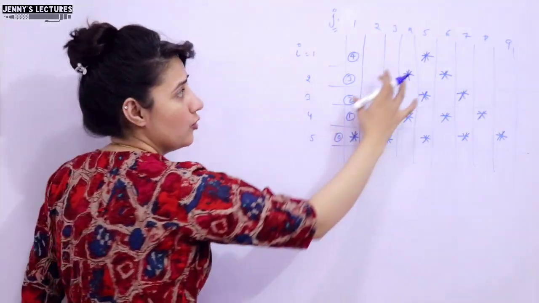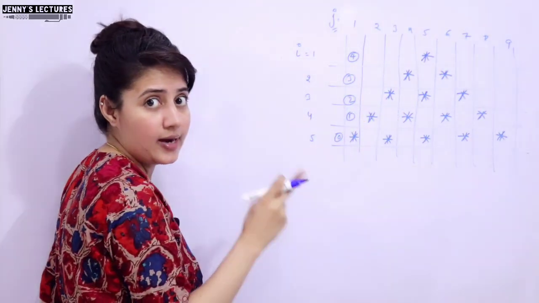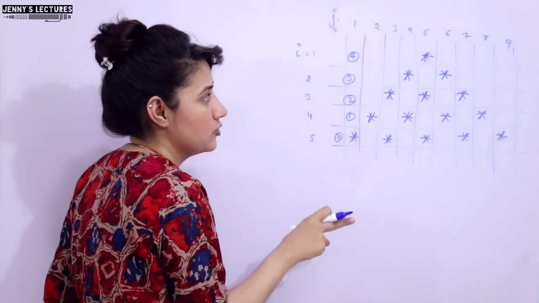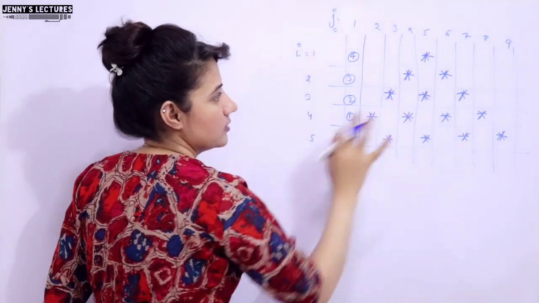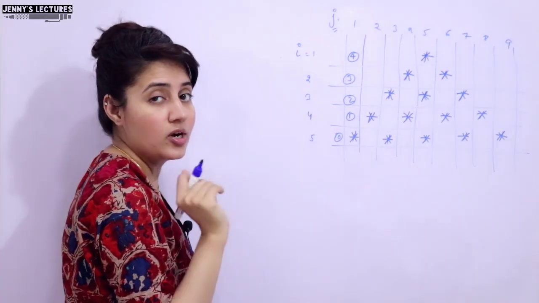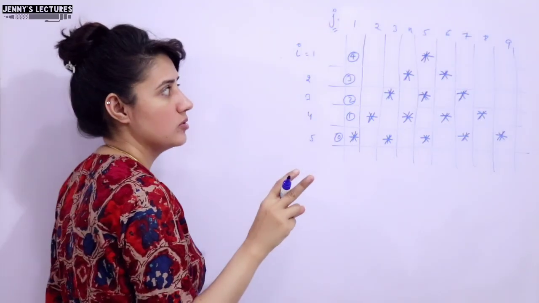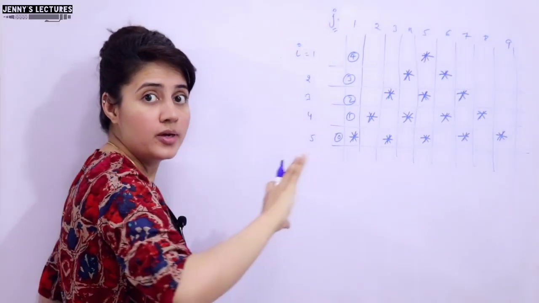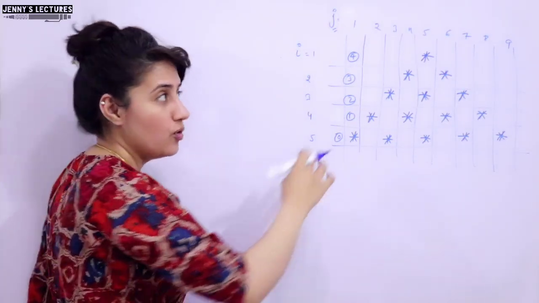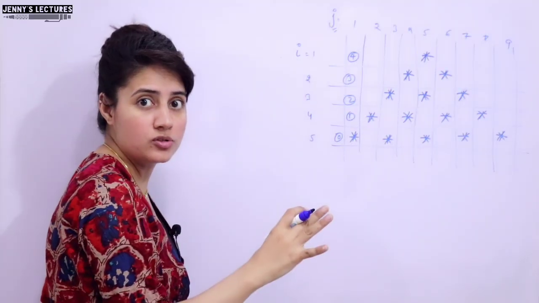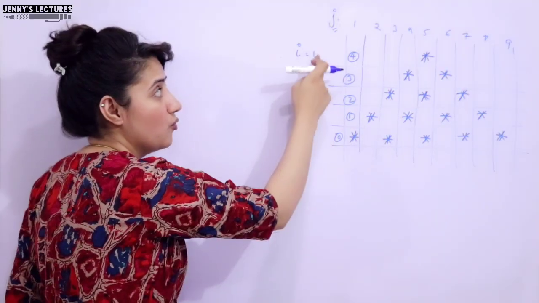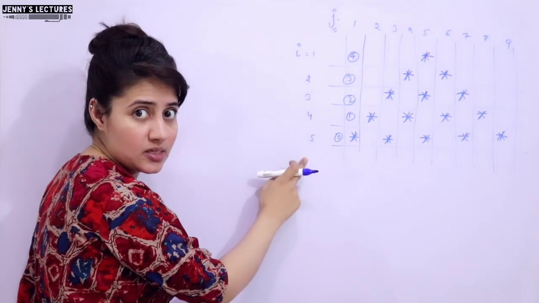So one loop would take care of these spaces, and the third loop would be responsible to print these stars. So ultimately we will use 3 loops. The outer loop would take care of the number of lines or rows, and that loop would be from 1 to 5 in this case.